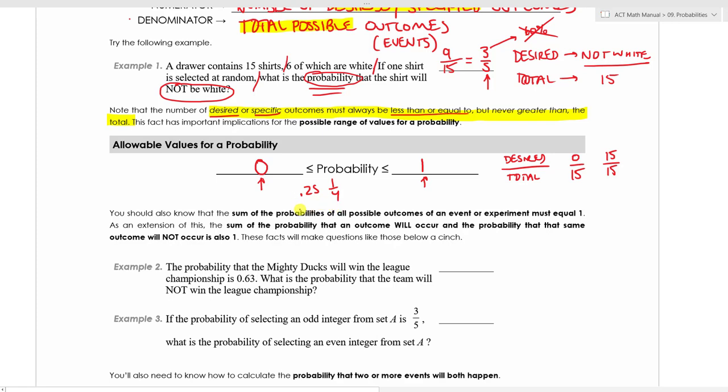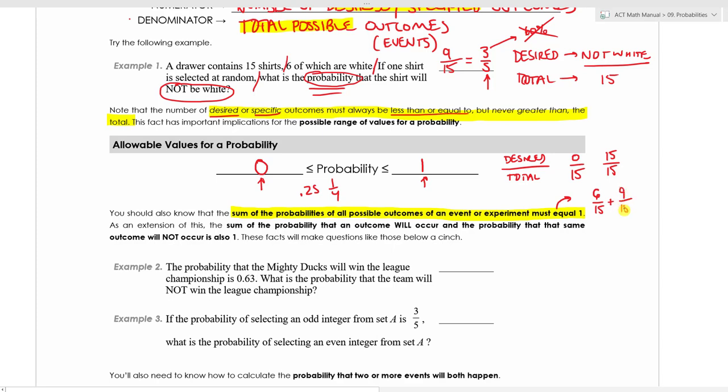Now, a couple of other important points about probabilities. I'm going to go ahead and highlight these. The sum of the probabilities of all possible outcomes of an event or experiment must equal 1. So that should be fairly easy to see using the previous question. We have a possibility of getting a white shirt. That would be 6 white shirts out of 15. And then we have the possibility of choosing a non-white shirt.